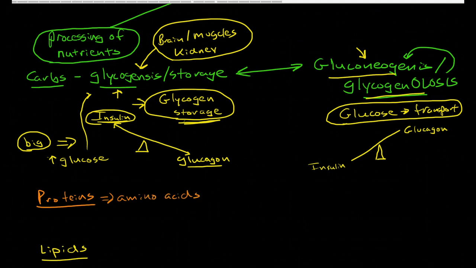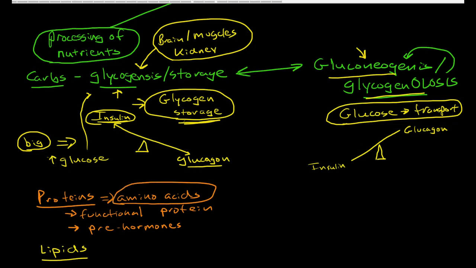Now the liver puts them back together into pieces, and some of these are functional proteins, and some of these are pre-hormones and other pieces of proteins that are going to be built up further in other cells. So the liver takes the raw product of amino acids and either makes it into a functional protein or makes it into a piece of a protein that's not functional yet but will be made functional in other organs.